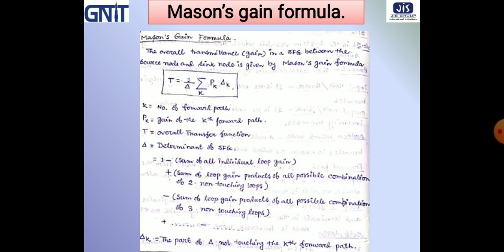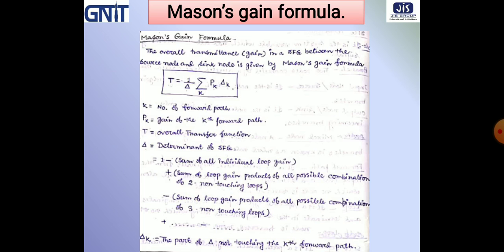The overall transmittance of the signal flow graph between the source node and sink node is given by T, that is the overall transfer function, is equal to 1 by delta summation of k Pk delta k, where k is the number of forward paths, Pk is the gain of the kth forward path, T is the overall transfer function, and delta is the determinant of the SFG, that is signal flow graph.